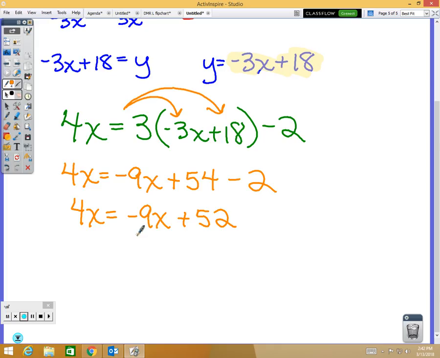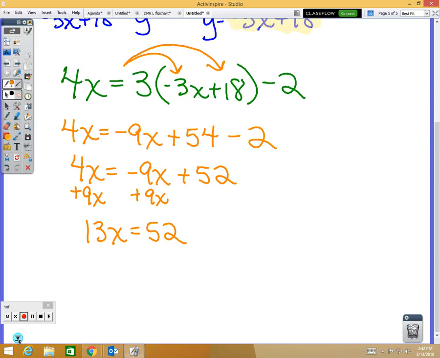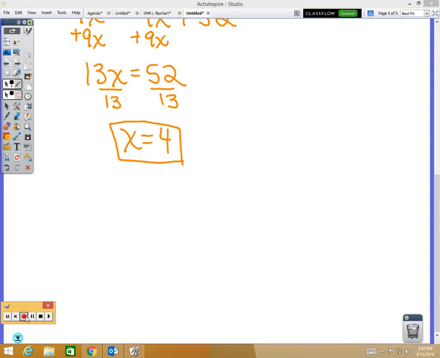Then I would add, you have a variable on both sides. We don't want that. And then divide by 13. All right, I'm going to pause our video so that you can.